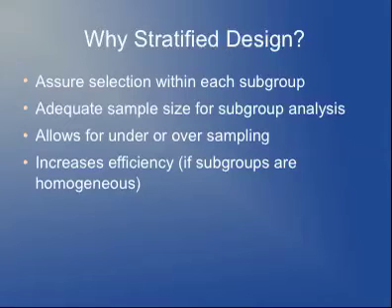And it also gives you the option of under or oversampling if you know that a certain class, a certain grade is highly homogeneous, you can undersample and so on. I don't think they actually did that in this study though, because typically that's not something one would know in advance in this type of study.